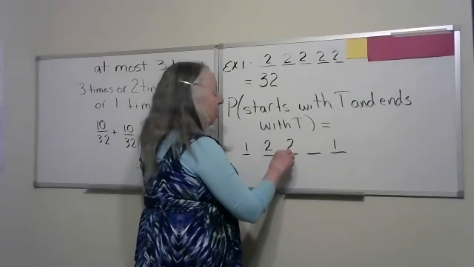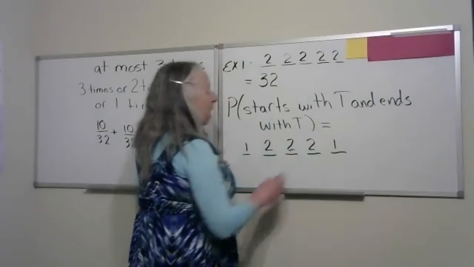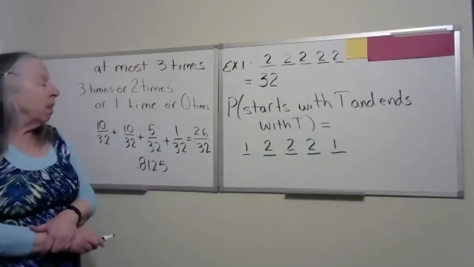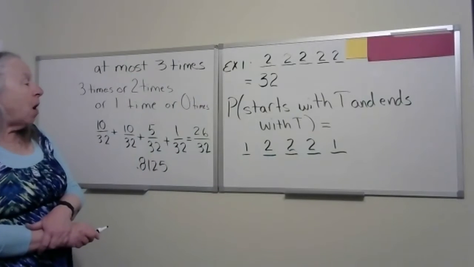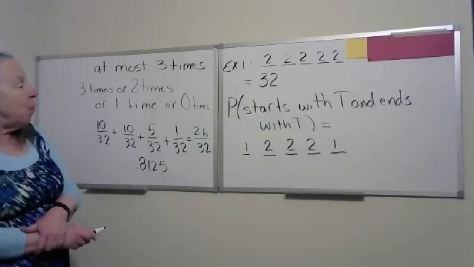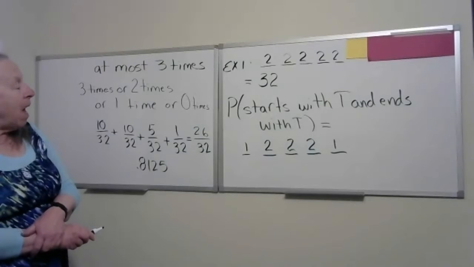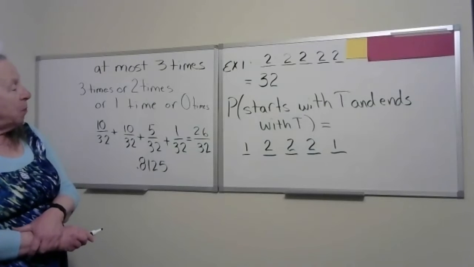No. Okay. So that means that I can put 2 in each of those. So how many ways can we start with a tail and end with a tail?